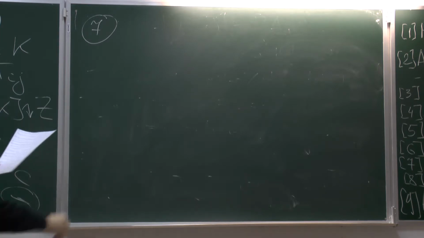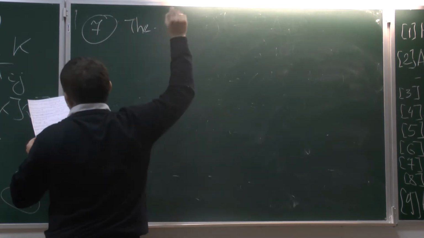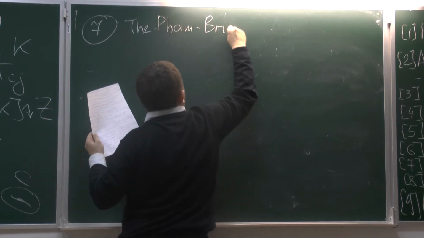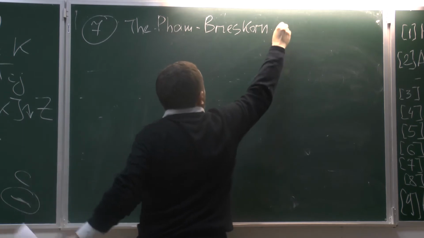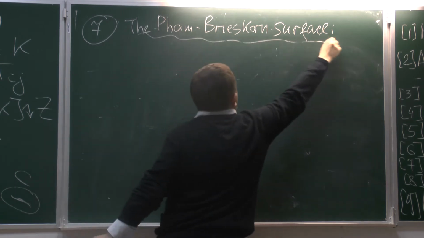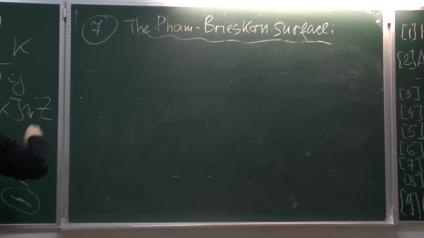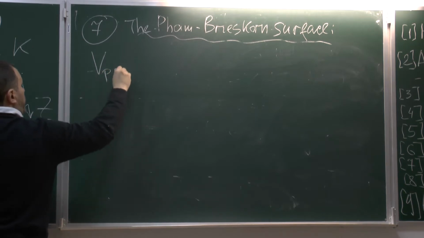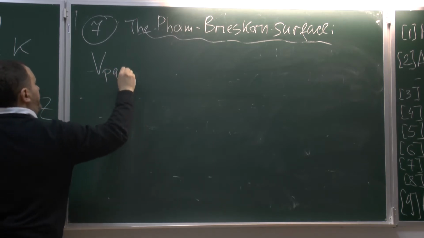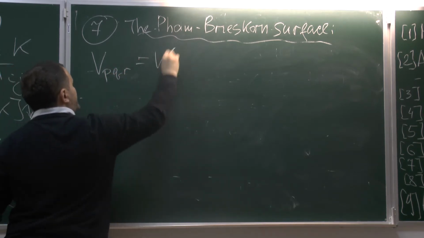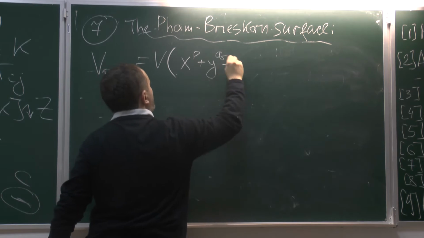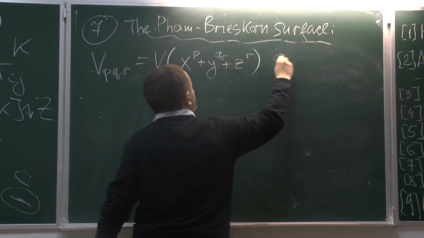And it has a name: Fermat-Briançon surfaces. My exponents here are just 3 numbers. So such a surface depends on 3 numbers, p, q, and r. And this is just the zero set of x^p + y^q + z^r in C^3.